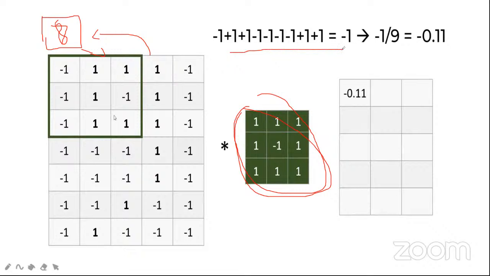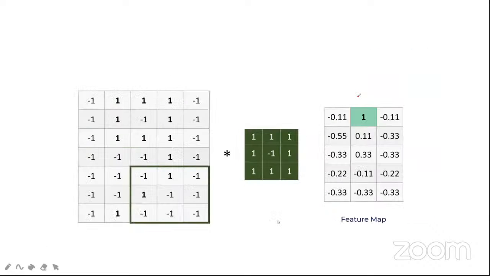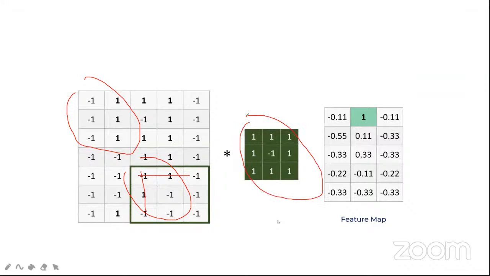I multiply, add all, divide, and get an answer, then create a new matrix. Like this I multiply line by line, over the whole image. Here I am taking a 3 comma 3 matrix. This is, for example, the loopy pattern, and then I get a feature map.